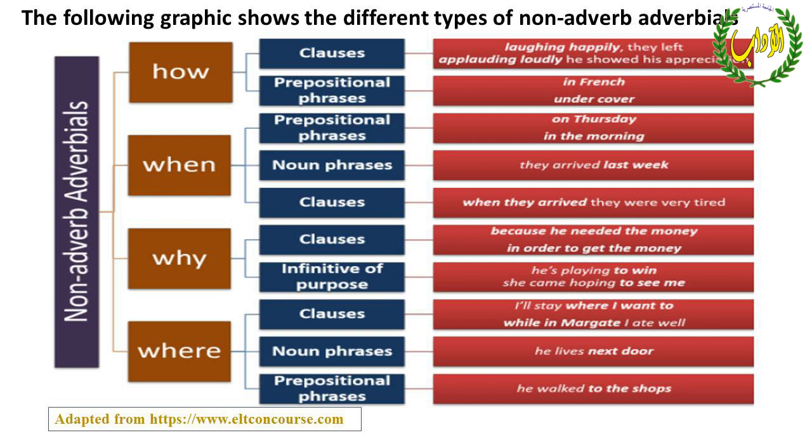Noun phrases as in they arrived last week. Clauses as in when they arrived they were very tired. Why, as in clauses or infinitive of purpose, as in because he needed the money, in order to get the money. Infinitive of purpose as in he is playing to win, she came hoping to see me. So to win and to see me are non-adverb adverbials.